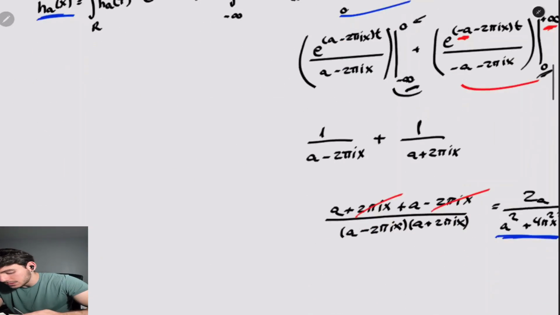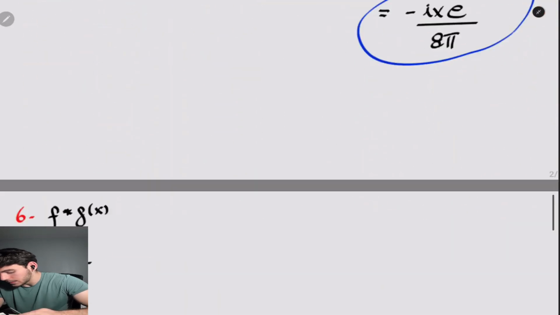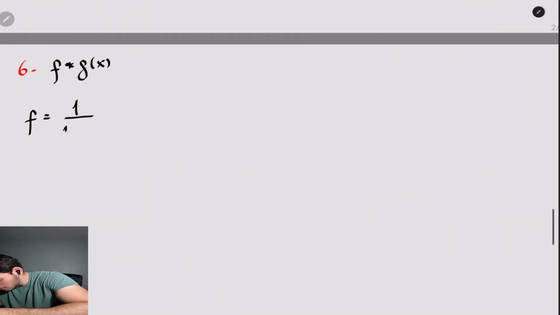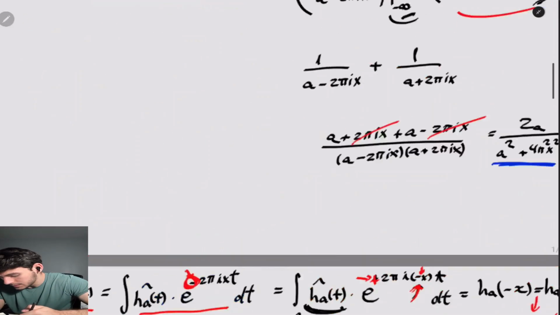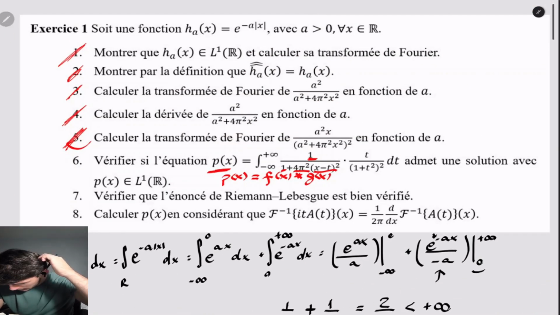So this means that our f here is 1 divided by 1 plus 4 pi squared x squared, and our g is x divided by (1 plus x squared) squared. I guess that's it. Let me see. Yes.